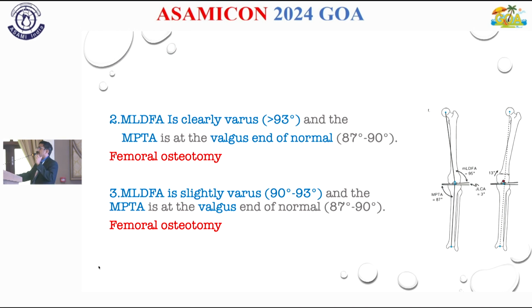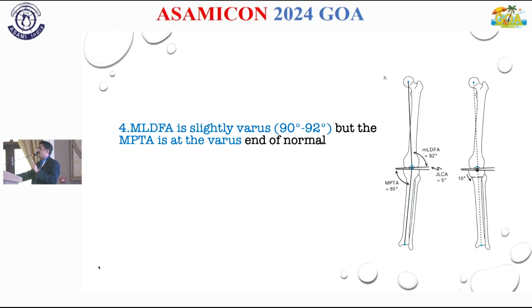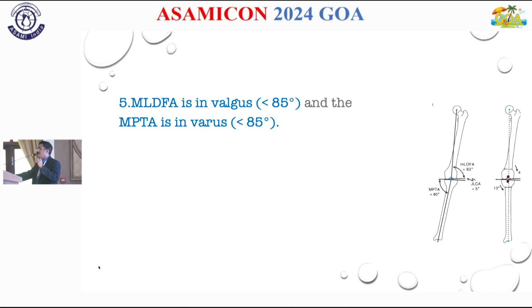When LDFA is clearly varus, more than 93, or mild valgus or mild varus, but MPTA is on the valgus side, there you can do the femoral osteotomy. When LDFA is slightly varus, but MPTA is at the varus end of the normal, that is a tibial osteotomy you can do. And when LDFA is on the valgus side and the MPTA is in varus, that is less than 85.